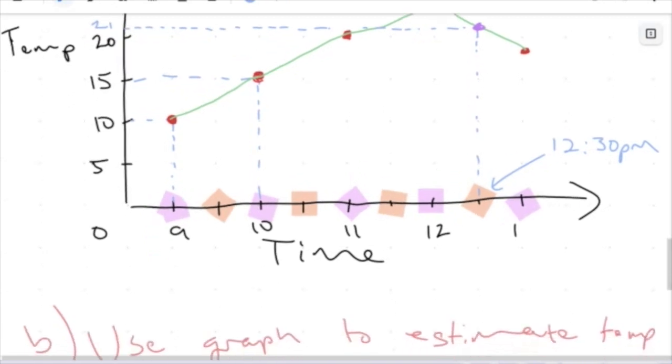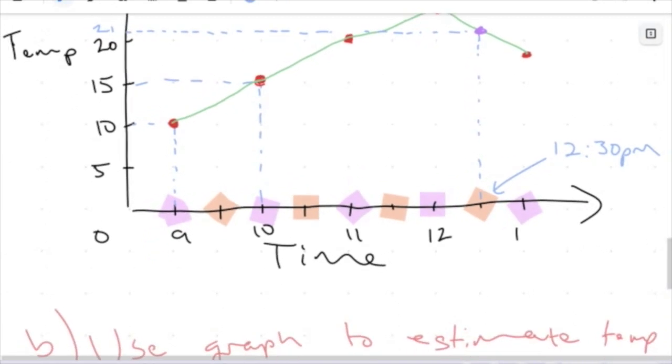That's how we can use our line graphs once we've drawn them. We can try to make conclusions about all of the different times as well. We can say, for example, let's just try to find the temperature at 10:30 a.m. I can draw this up to here and along to here.